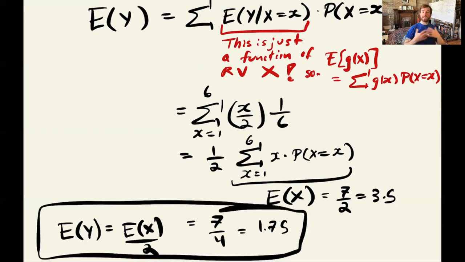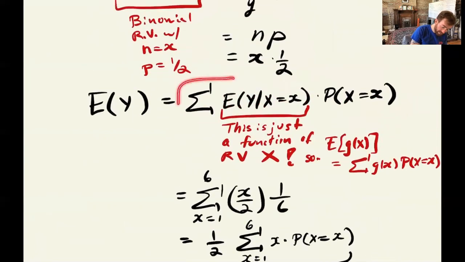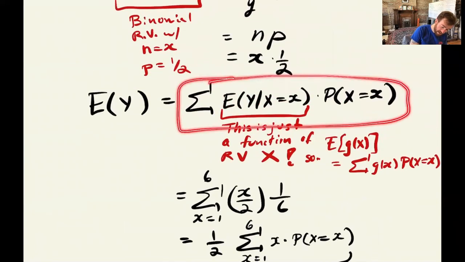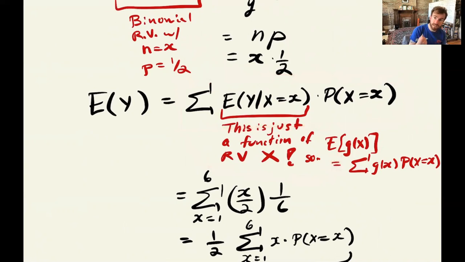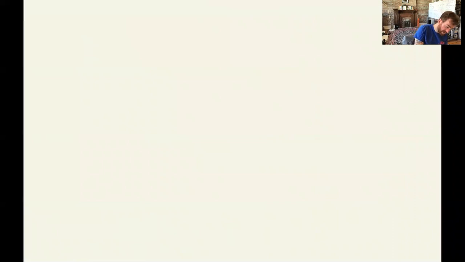Now let me step back and formalize, or give you a compressed way of writing, this expression right here. So this is just the definition of the expectation of a function of x, but there's a really slick way of writing this, especially when we're dealing with conditional random variables. And this is what's called the law of iterated expectations.